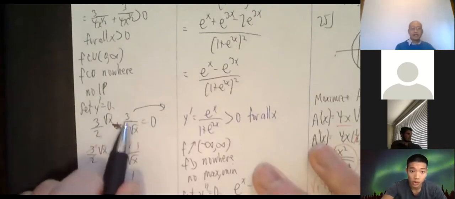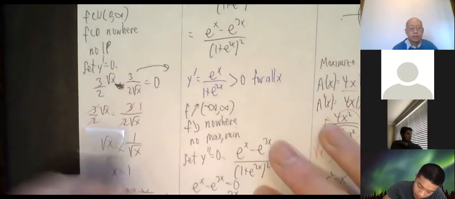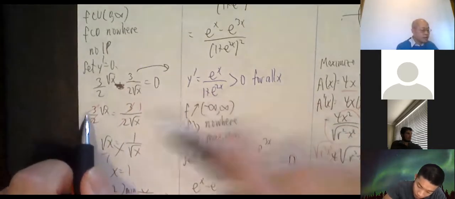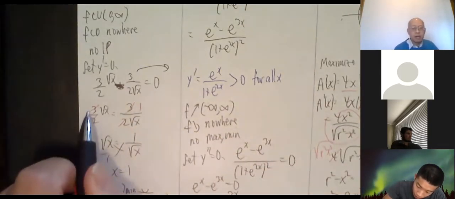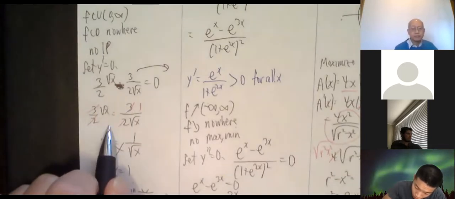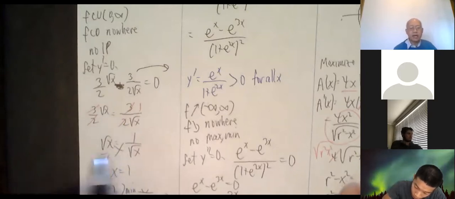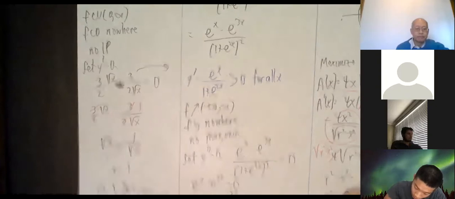I'll add this to both sides. Add 3/2 radical x. It looks like this. Very conveniently, if you multiply both sides by 2/3, those cancel out. And then I cross multiply. Radical x times radical x is x. I get x equals 1.